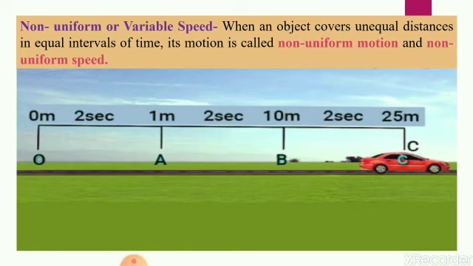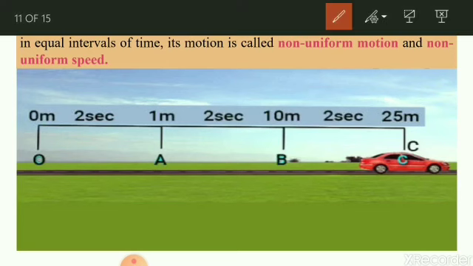Now the next type of speed is non-uniform speed or variable speed. It means when an object covers unequal distances in equal intervals of time, then its motion is called non-uniform motion and its speed is called non-uniform speed. Here you can see this is the distance of 1 meter, this is the distance of 9 meter, this is the distance of 15 meter.